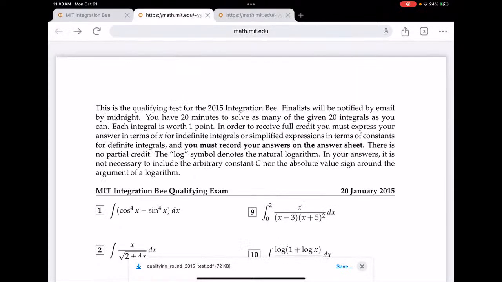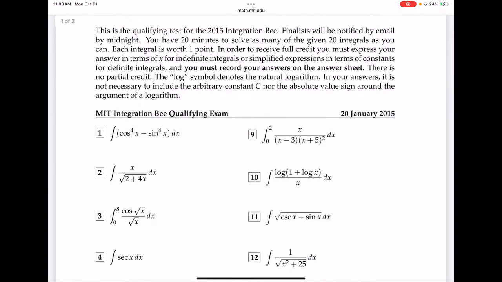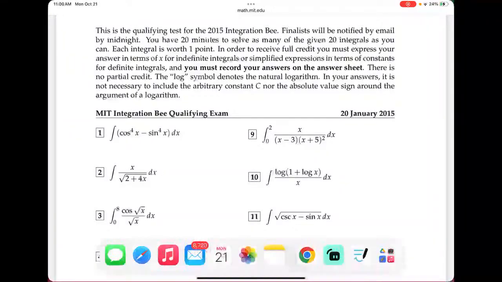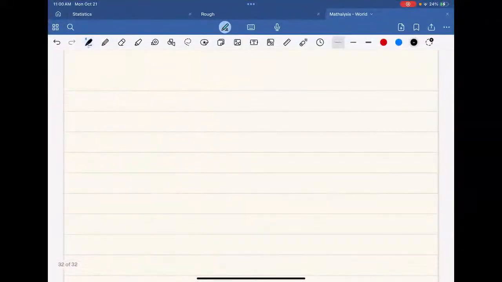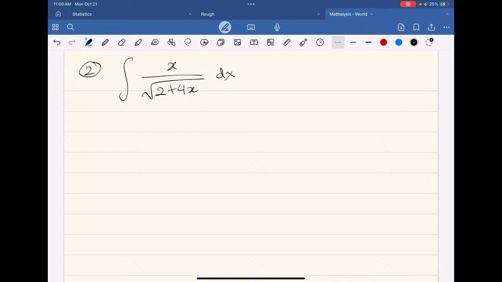Let's go to the next problem, which is the integral of x by square root of 2 plus 4x dx. So how do we approach this one? I think we should try to make the numerator the same as what's there in the denominator. For that, first of all, I can take 1 by 4 out to make this 4x divided by square root of 2 plus 4x dx.